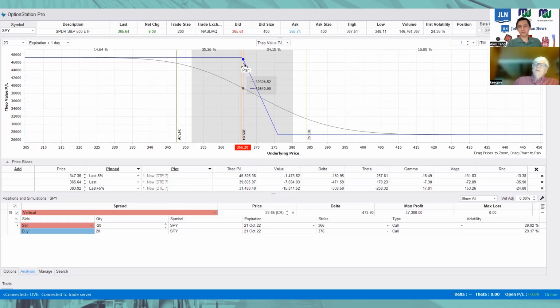So you might want to not do that, but you could certainly short a vertical put spread, which, as it goes up, would lose its value, which would be good for you since you're short as your short call spread goes up in value and you're losing money on that. So I would short a put vertical, or buy another call down.